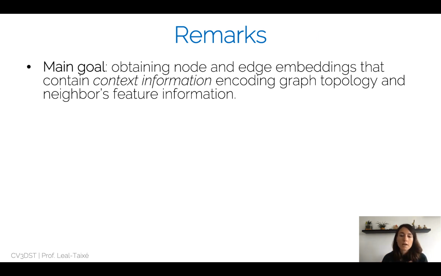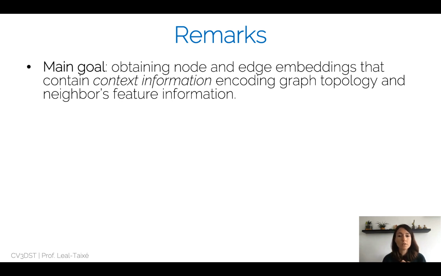So just a few remarks to settle some important ideas here. First of all, the main goal when we're performing these message passing steps, or when we're training our graph neural network, is that we want to obtain node and edge embeddings that contain context information, that implicitly encode, first of all, the graph topology, so who is the neighbor of who, and that also contain neighbor feature information.